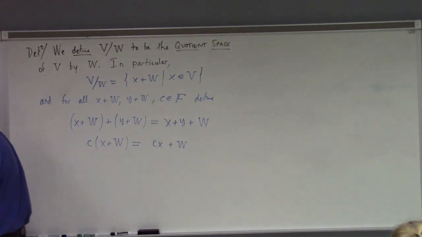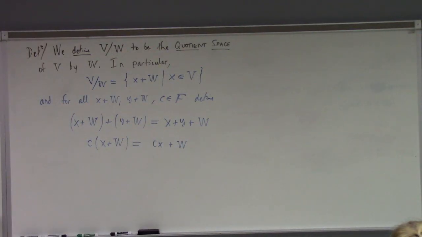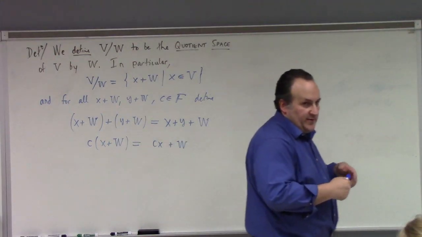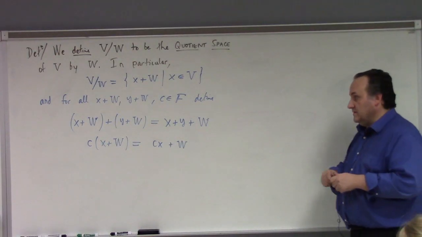Whenever we propose operations for a set as alleged vector addition and scalar multiplication, there's a bunch of things that have to go through for these. They have to satisfy the axioms of the vector space. The first of those being that these are in fact functions.